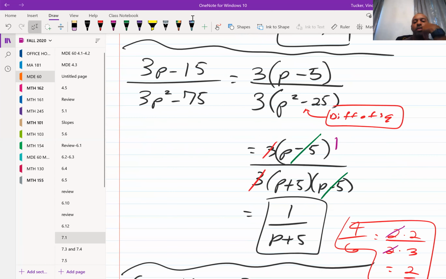And that's your final answer: 1 over p plus 5. P plus 5 is still left in the denominator. All right, any problems?